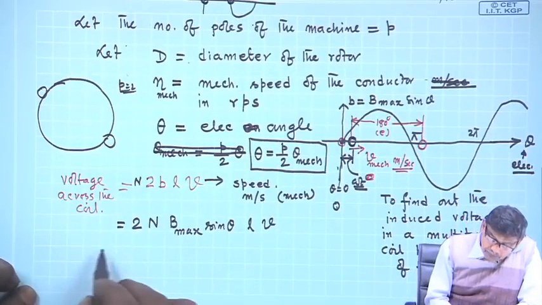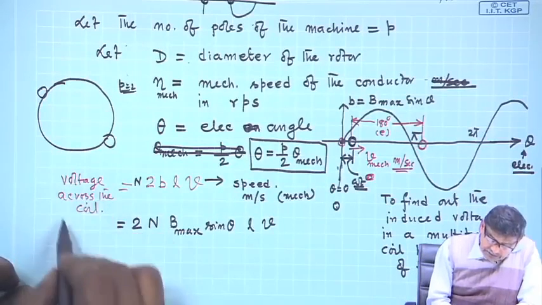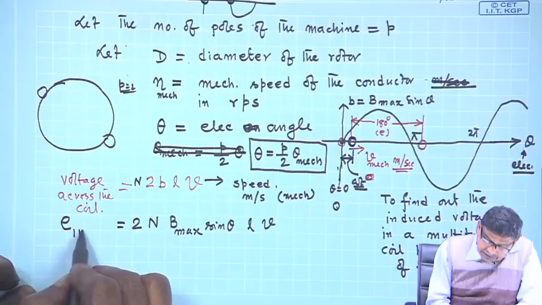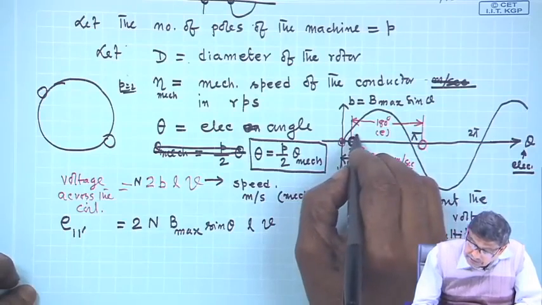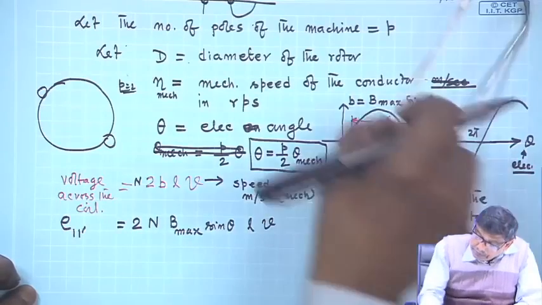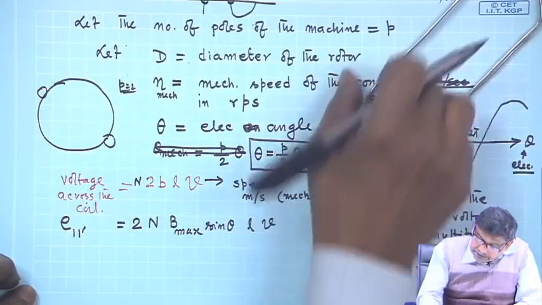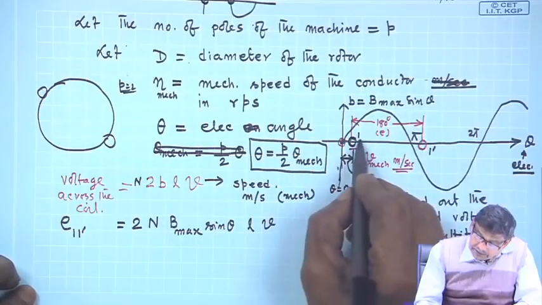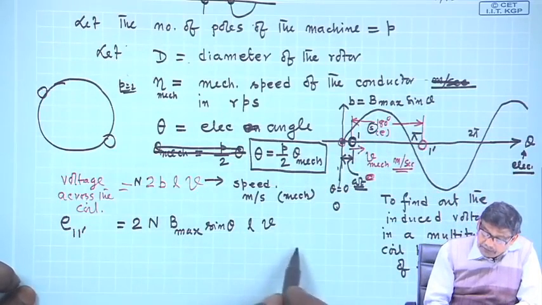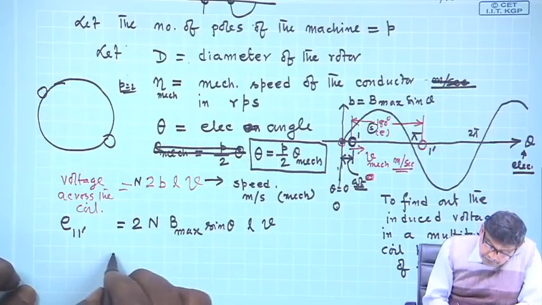Now, let me indicate this coil by E 1 dashed. This is 1, the other side is 1 dashed, and it is moving like this. So this is the south pole, and that way the polarity will be.